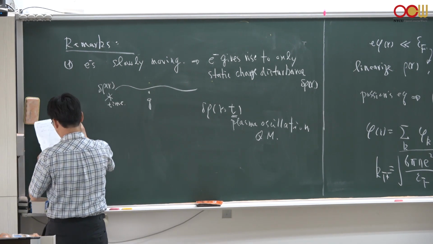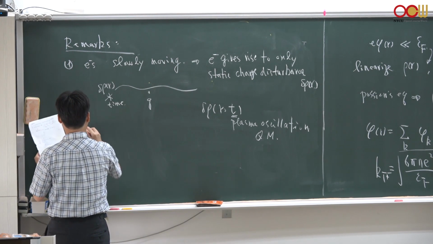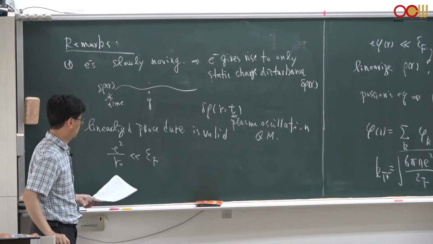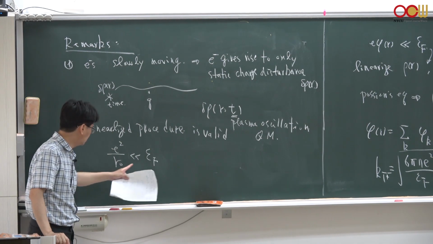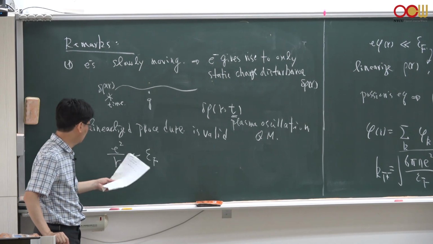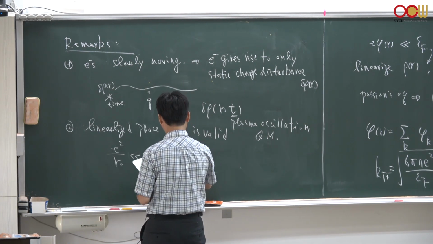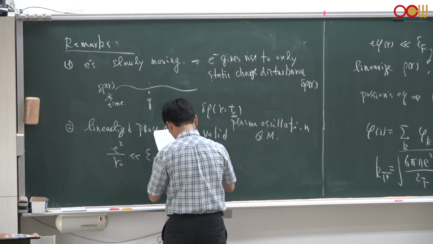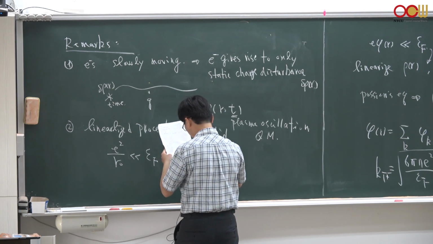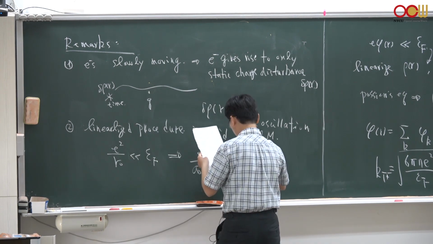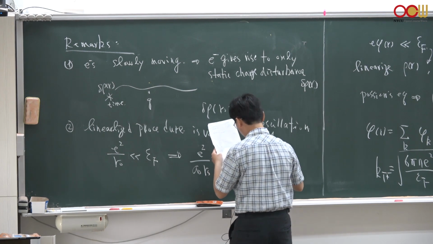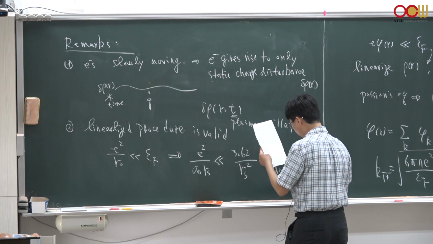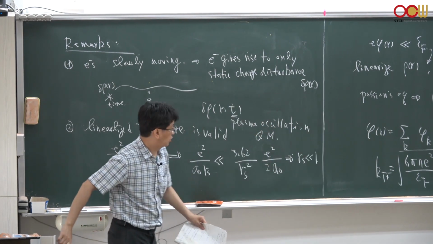So the second remark is that this linearized procedure is valid only when this relation holds, which means that the Fermi energy is much larger than the electrostatic potential, as I mentioned. But this relation is very difficult to satisfy in usual metals, because if you rewrite this in terms of the standard units r_s and the Bohr radius a_0, this means that r_s should be much smaller than 1.